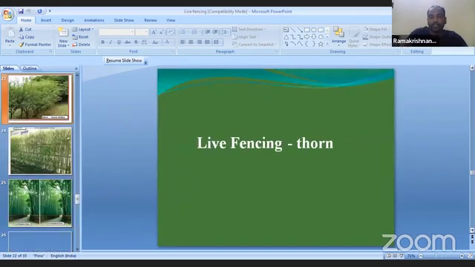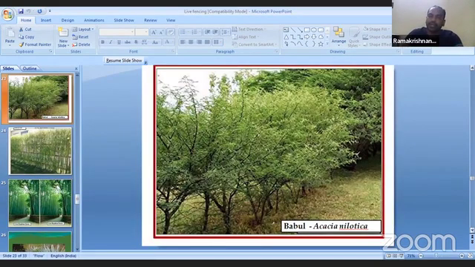So live fencing, we already discussed this. What is the distance from one plant to another? When we make live fencing, there is no need for spacing or gaps. Plant it congested. Why?